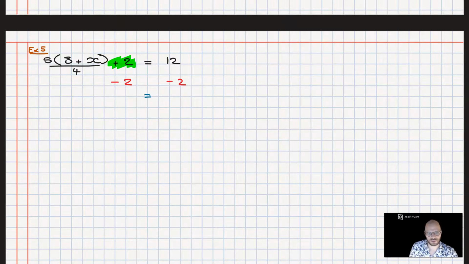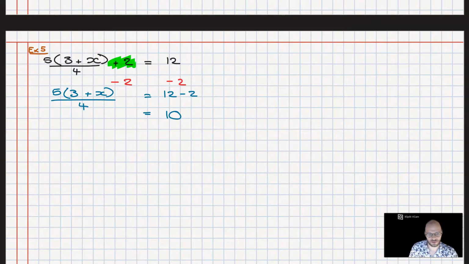That's going to give us 12, take 2, and then 5, 3 plus x all over 4. Evaluating the right hand side, that's simply 10, and then the left hand side stays the same. Now next step, what do we have to do? Well, we've got this divide by 4.